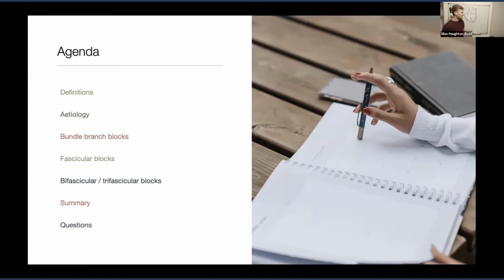And then I'll do some whiteboard drawing to dig into the anatomy and physiology of the His-Purkinje system, the part of the conduction system. And then we'll talk in order, bundle branch blocks and then fascicular blocks, and then the slightly more complex things. And have a little look over the guidance that fits around that as well, so that we have an idea of how to manage these patients in practice.